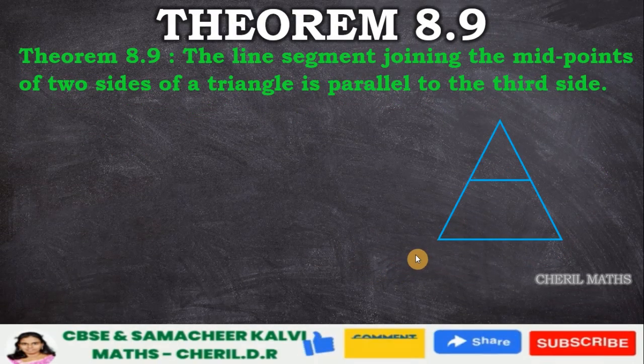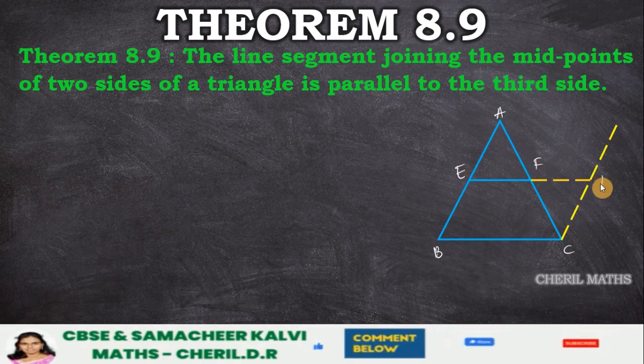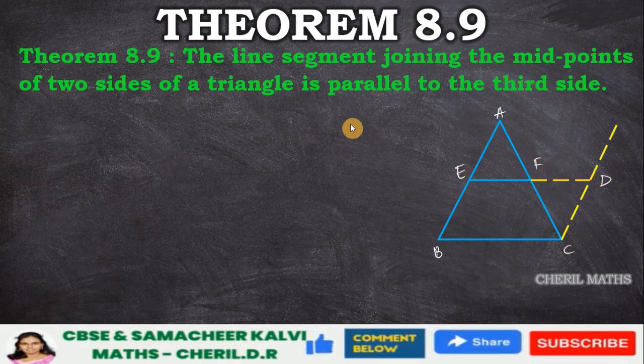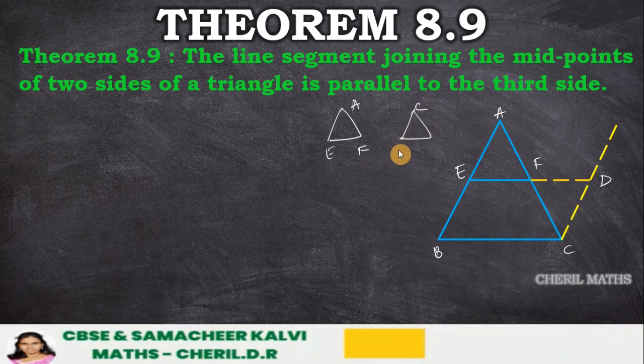Okay, so we have the triangle ABC, midpoints E and F, and we are joining it to a point D. So let us consider triangle AEF and triangle CDF.